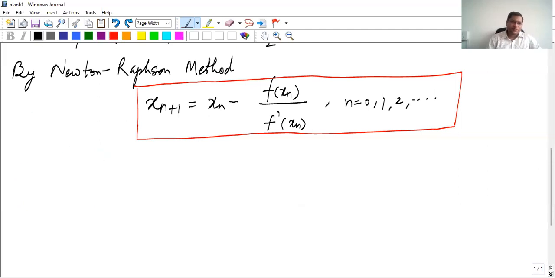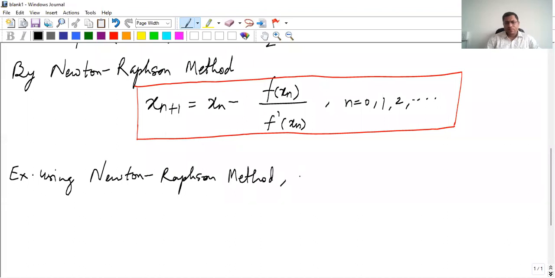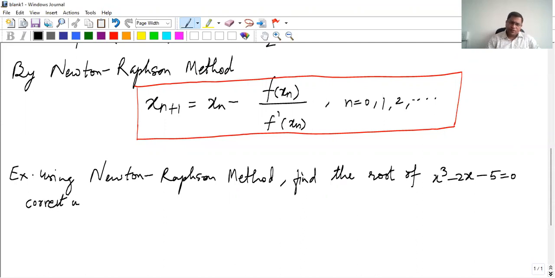We will write the question: using Newton-Raphson method, find the root of x cube minus 2x minus 5 equal to 0, correct up to 4 decimal places.